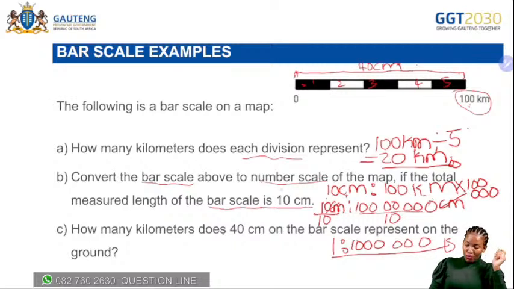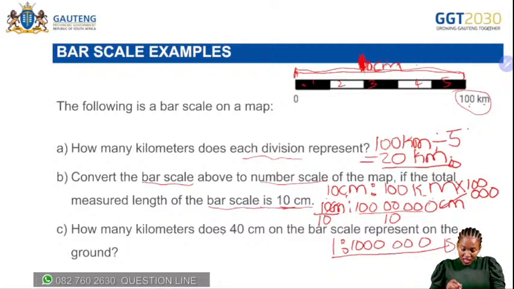It was supposed to be actually 10 centimeters, but it's okay. I wrote here 10 centimeters, so I can just correct this one. That 10 centimeters represents what? It represents 100 kilometers. I'm sorry about that confusion. So when you measure this bar from here up to there, you got 10 centimeters.